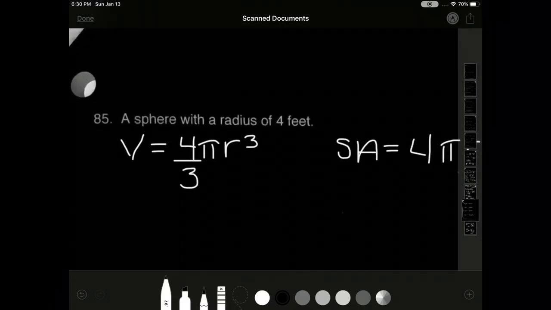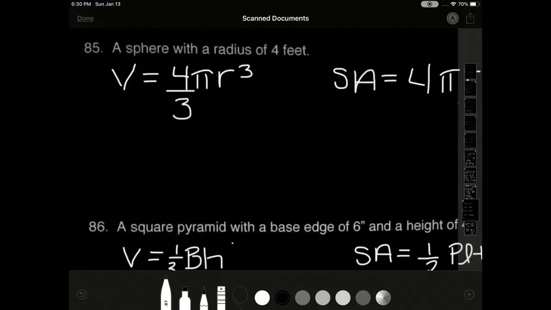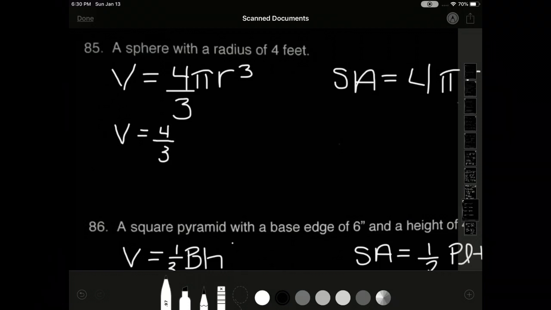For 85, we're looking at a sphere with a radius of 4 feet. So all we have to do is plug in 4 everywhere we see r. So you have 4/3 pi times 4 cubed. Now here we're going to end up with a decimal, so we're going to go straight through and include pi in our answer, and we're going to have a decimal answer for this one.